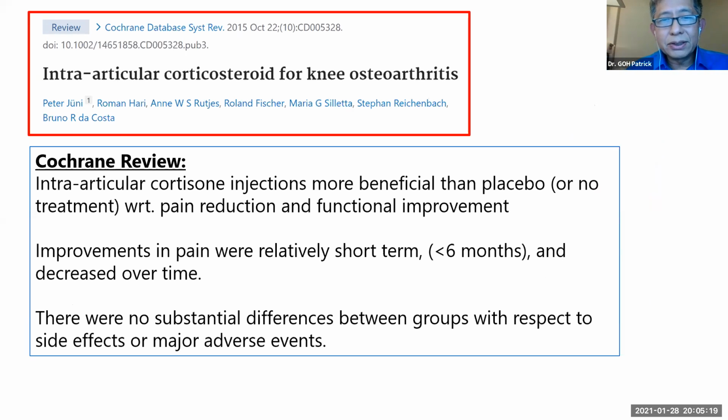Improvements are generally short-term, less than 6 months, and they tend to decrease over time. It may be better at 3 months, still okay at 6 months, but after that may not have substantial improvement. There seem to be no substantial differences with respect to side effects or major adverse events. This is the Cochrane review.